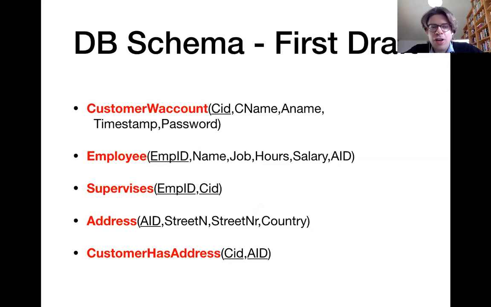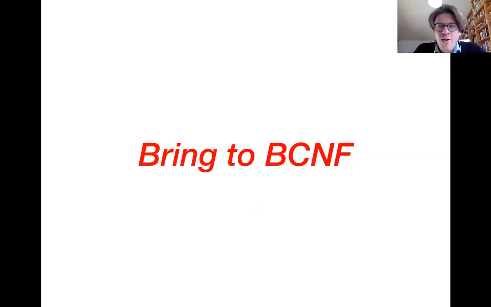Here we would just introduce one new relation, called employee has address, and it contains the employee IDs and the address IDs. So yes, if we could have multiple addresses per employee, then we would have to introduce a new relation in order to represent that.